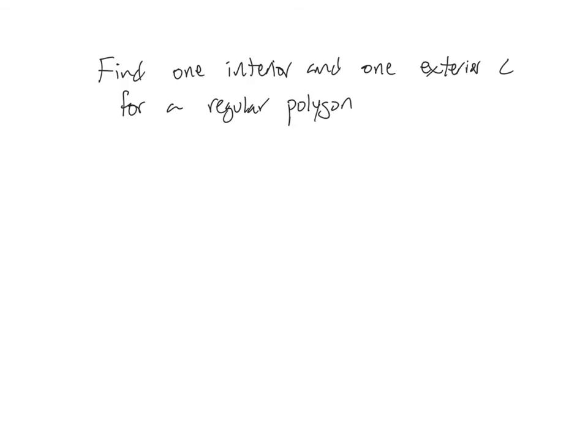Okay, so regular, all sides are the same, all angles are the same. So when it asks you to just find one of the interior angles equals whatever it is, and one of the exterior angles equals whatever, because all of them are the same, it just wants to know what's one of them. And this technique that I'm going to show you only works with regular polygons, and they'll only ask you this question for regular polygons.